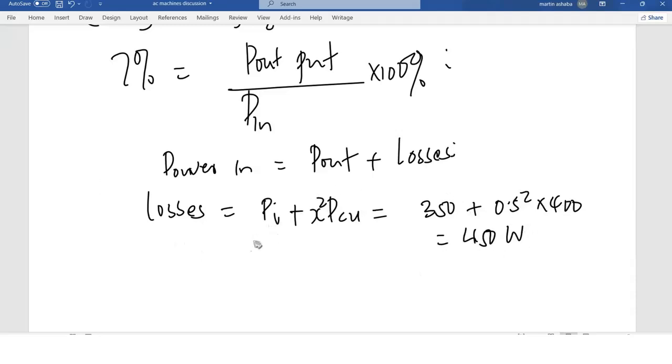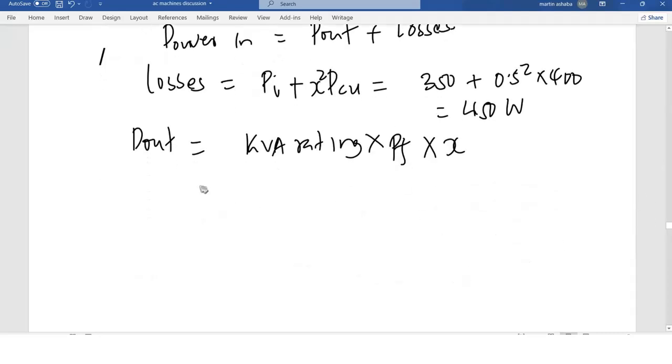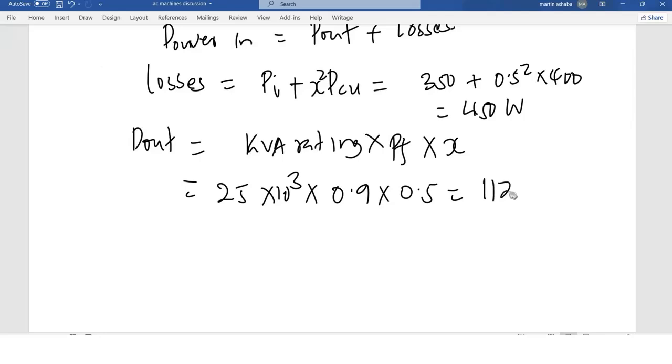So what about the power out? Power output is going to be the kVA rating times the power factor times the fraction of the load. So this is 25 times 10 power 3 times the power factor, which is 0.9, times 0.5. So I have 11250 watts.